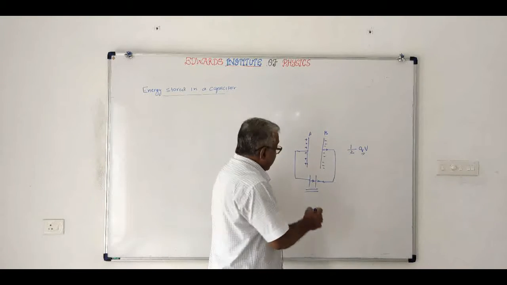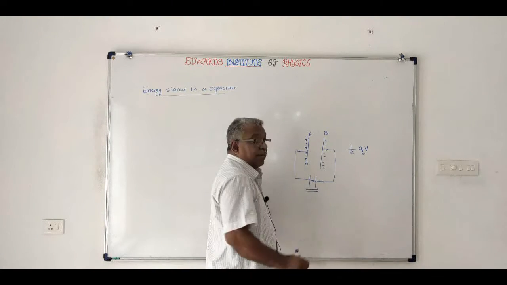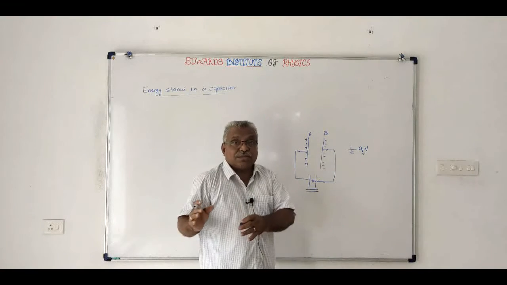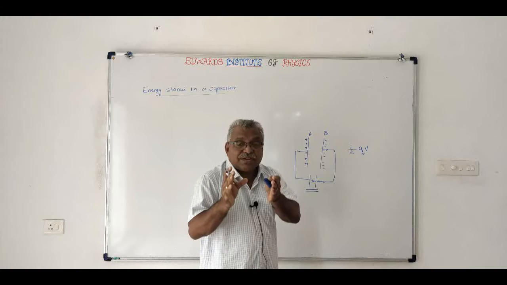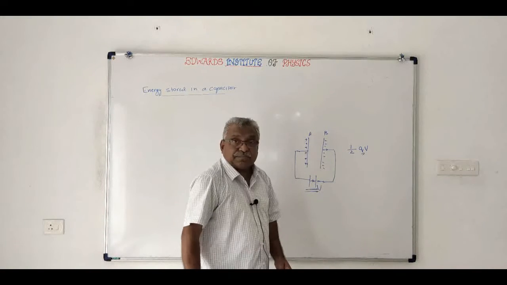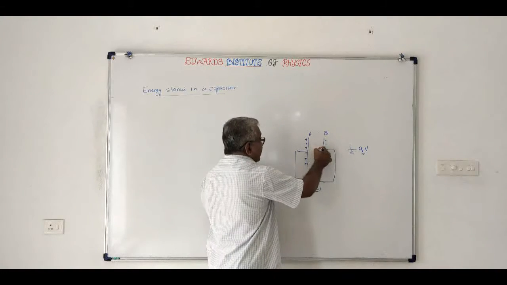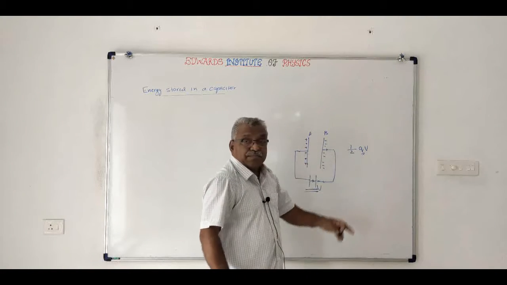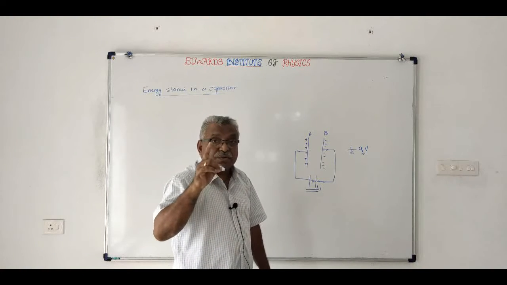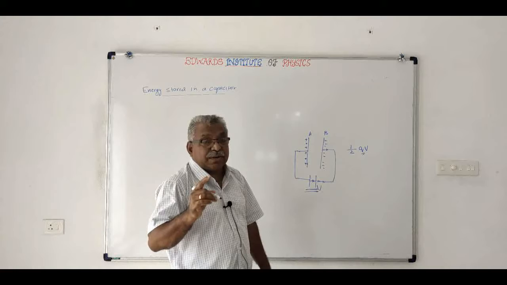Who did the work? This battery has done the work. And what is the work done by the battery in moving Q charges? If the potential difference is V, that will be the potential difference between these two plates. Potential difference means the work done in bringing a unit charge from one point to another.